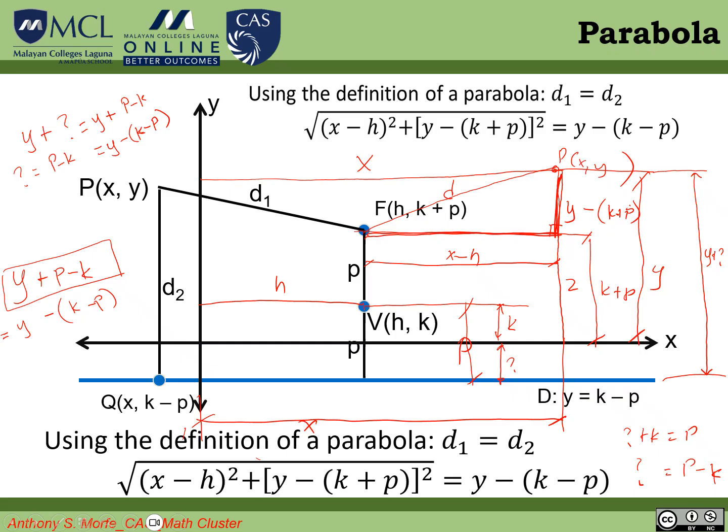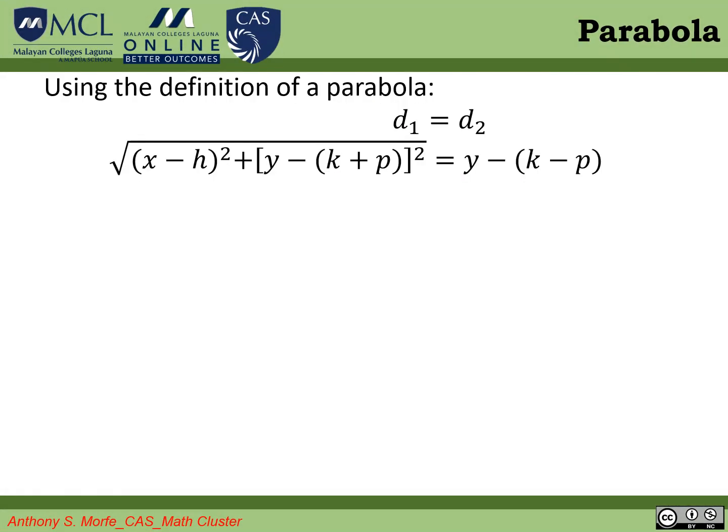If you do it on the right side, it's easier to understand. So after we obtain the expression, this one, again, that is taken from the concept D1 equal to D2. And the derivation of this is the one that I have shown you in the previous slides.